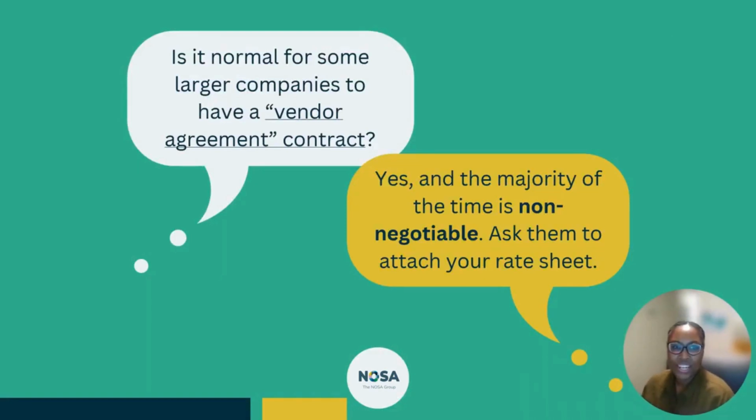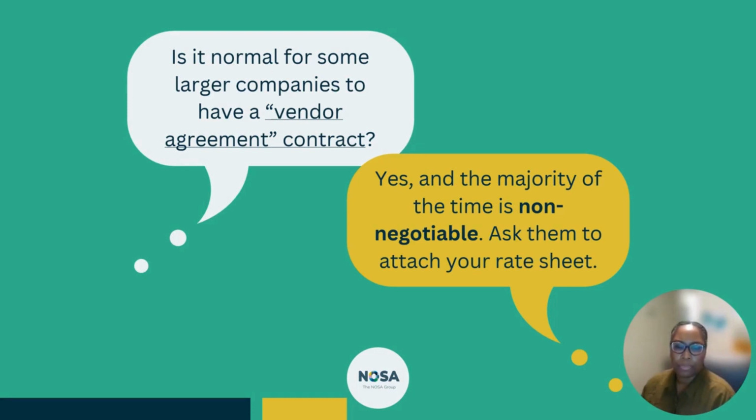The next question: is it normal for some larger companies to have a vendor agreement contract? Yes. Some of your larger companies, and I think in this question they're asking about vendor management systems, MSPs, but it can vary as far as the type of agreement that they have.